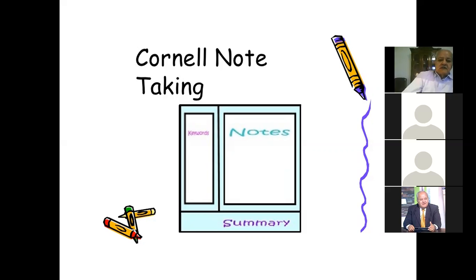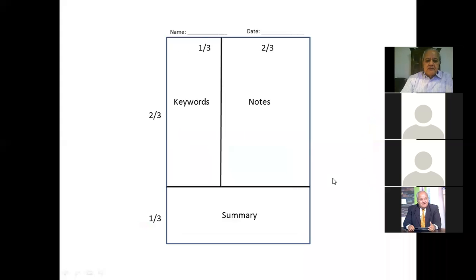Cornell Notes was initiated by Cornell University. It's an A4 paper divided like this: 1/3 and 2/3 horizontally, and 2/3 and 1/3 vertically.